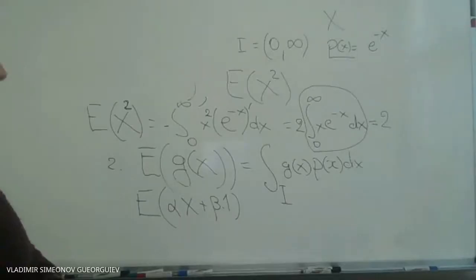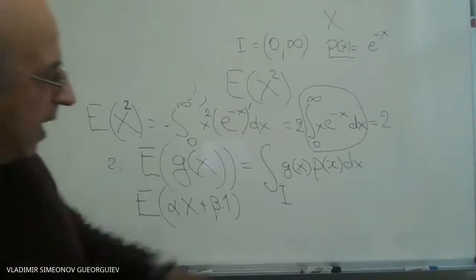Excuse me, please. Why is the expectation of x squared 2 and not -2, given the minus? This is a very, very important question.